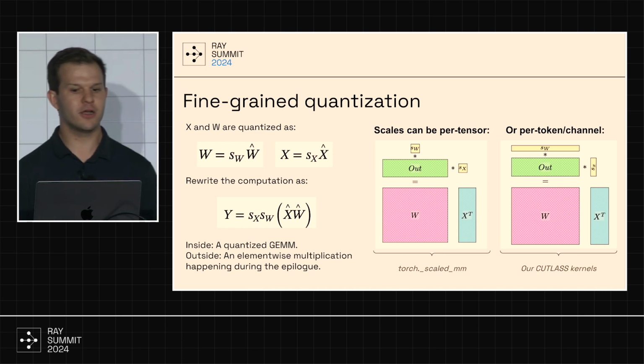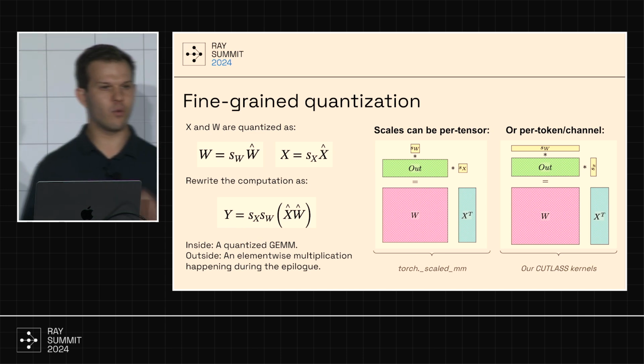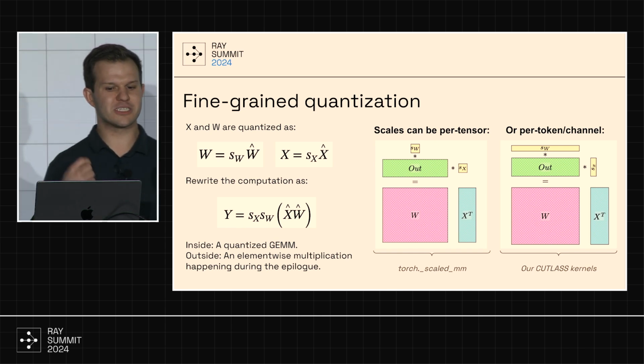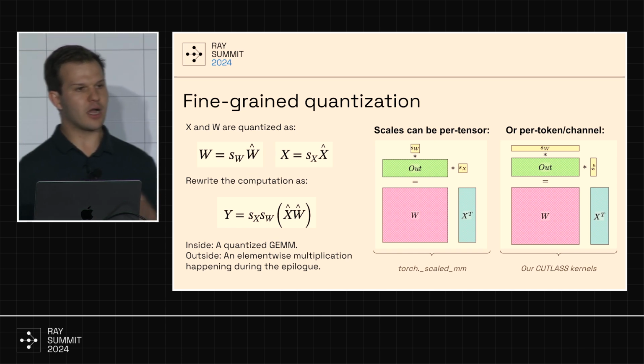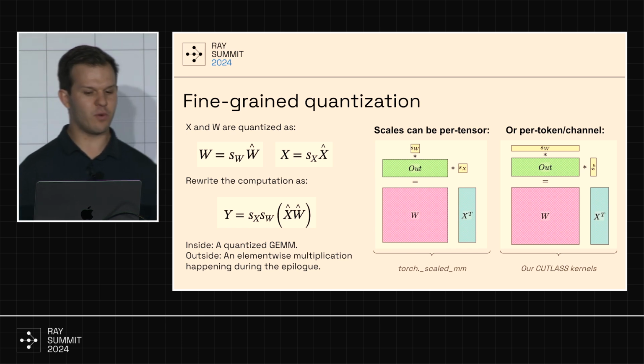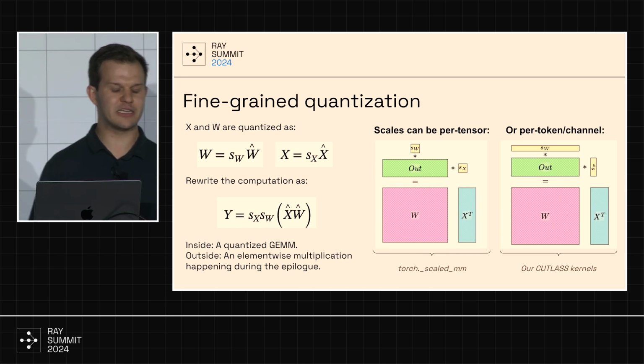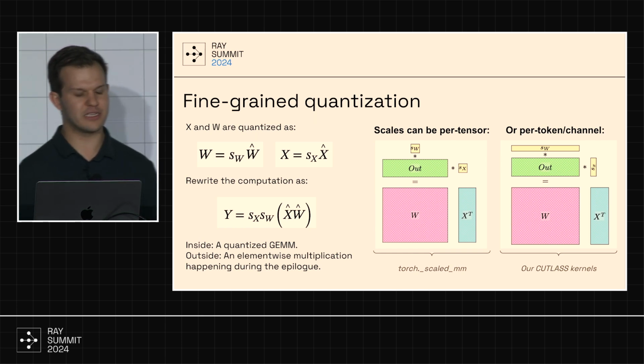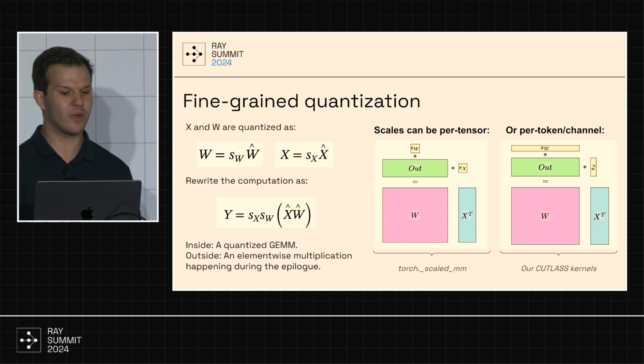So in particular, one of the ways we can have fine-grained quantization is to use more scales. Basically, when we're quantizing a weight, effectively what we do is multiply the quantized weight by a scale to convert back and forth between the dequantized version and the quantized version of the weights.